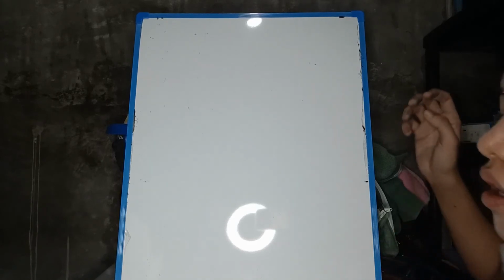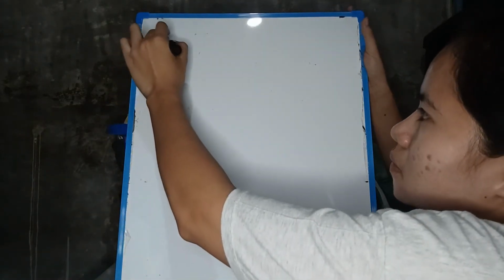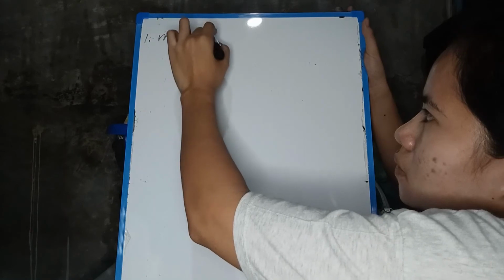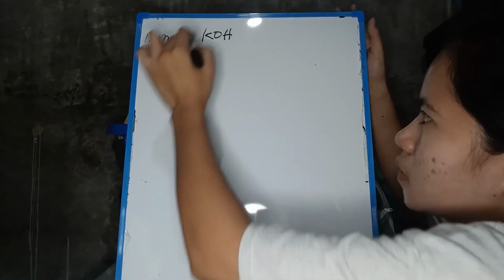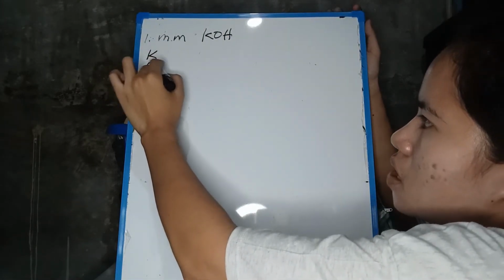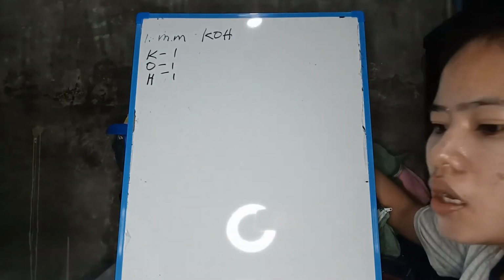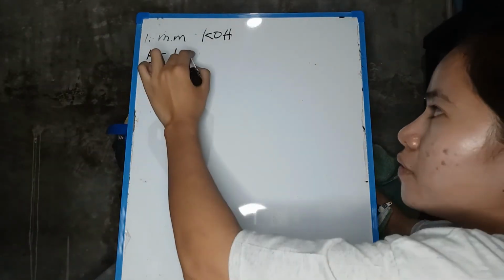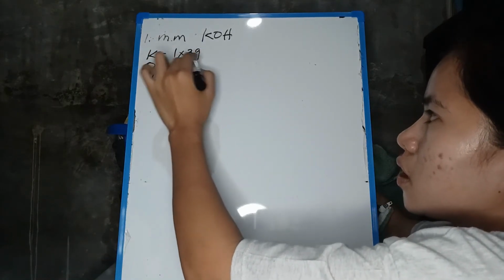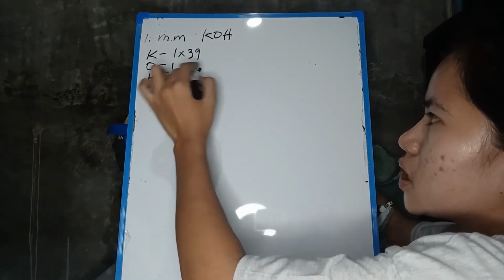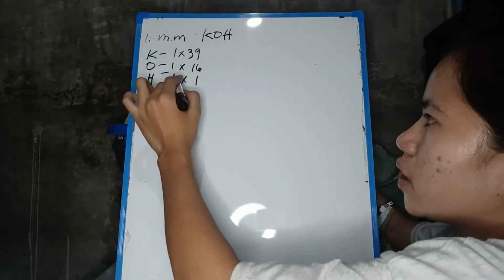So, first, determine the molar mass. So, KOH. So, potassium, we have 39. Oxygen, we have 16. And hydrogen, we have 1.